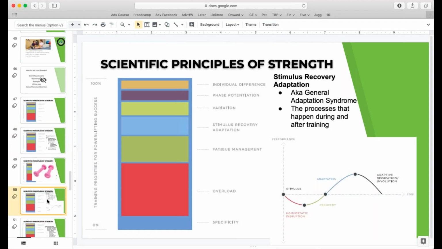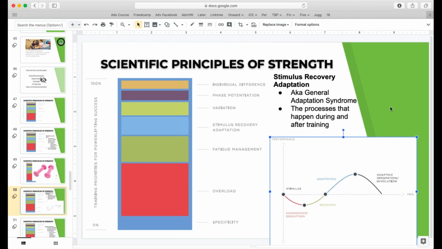When we give somebody an overloading stimulus, we then get to the stimulus recovery adaptation principle, where this bottom right graph here is the stimulus recovery adaptation curve. And this line represents an individual's fitness level.